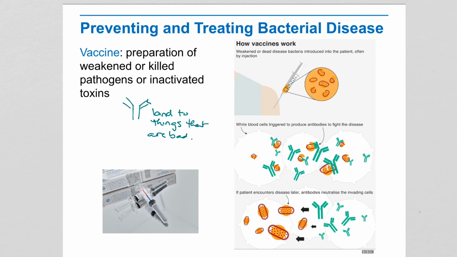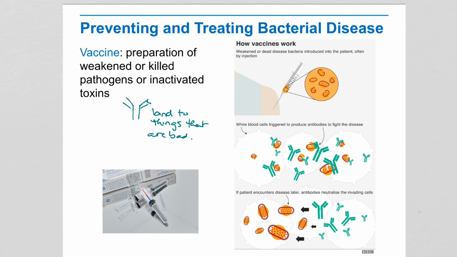Well, one thing that scientists were able to figure out is that if you have the antibodies already in there, then you'll be able to fight an infection really well. And so they've been able to make vaccines using either pieces of a bacteria or maybe a bacteria that was killed off, and they inject it into people.